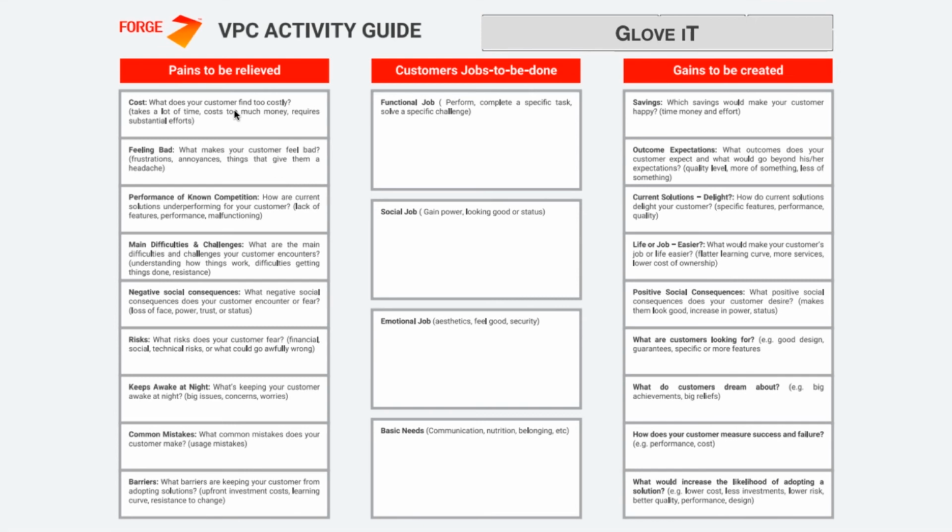So, as a customer, when I perform a particular activity, what are my pain points today? The cost that I incur, the feel that I have, the frustration, the delay, the performance. What are my actual difficulties on the ground? What is the risk? What are the common mistakes?